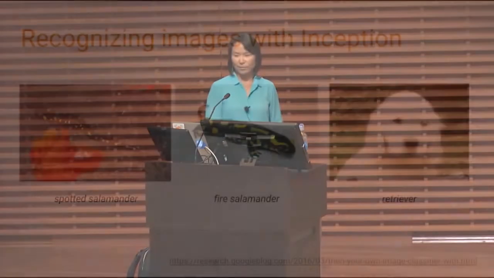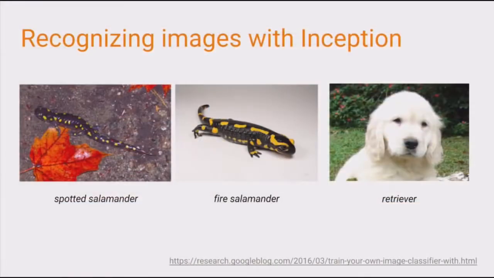So we talked about what TensorFlow is, how it works. How do we use it at Google? We use it everywhere. I think you have seen some of the examples. We use it to recognize pictures. This is actually done with Inception. It can recognize out-of-the-box one of 1,000 images.